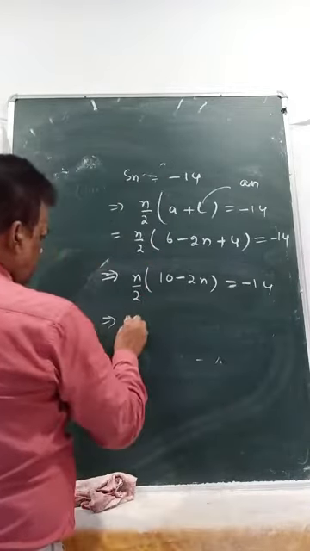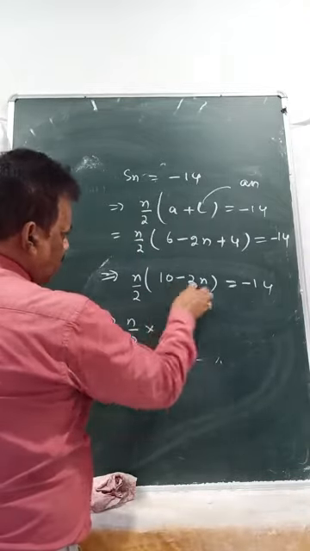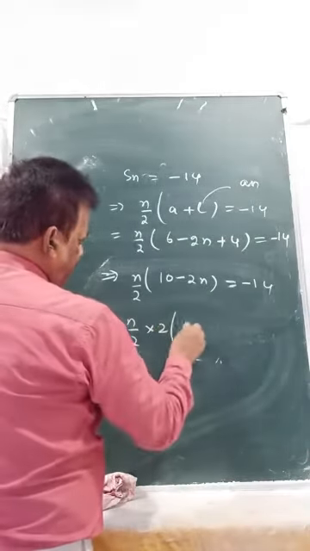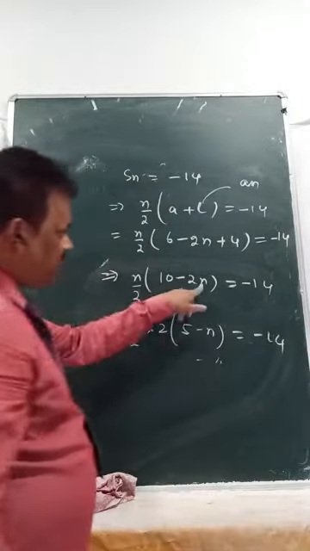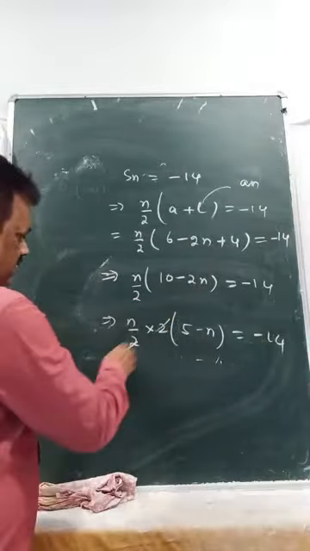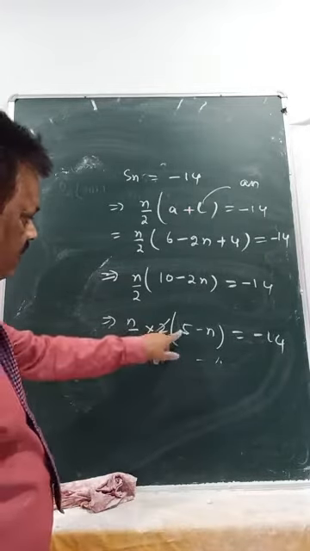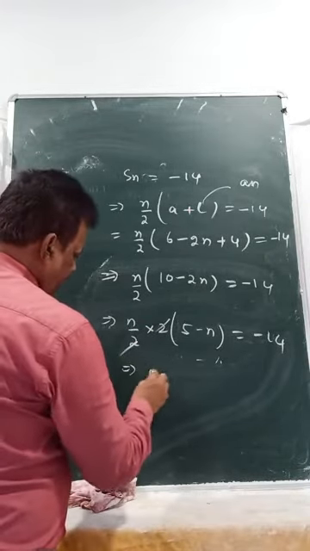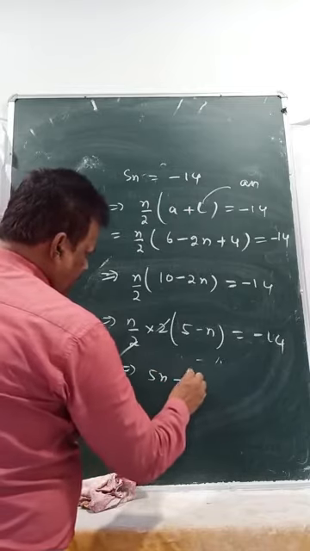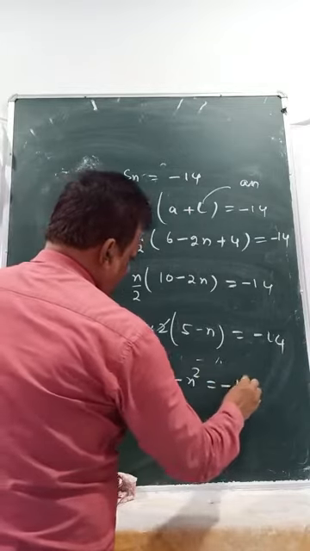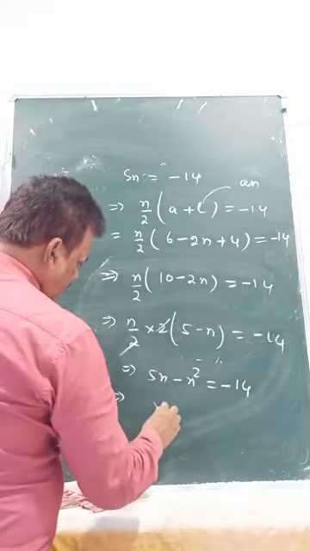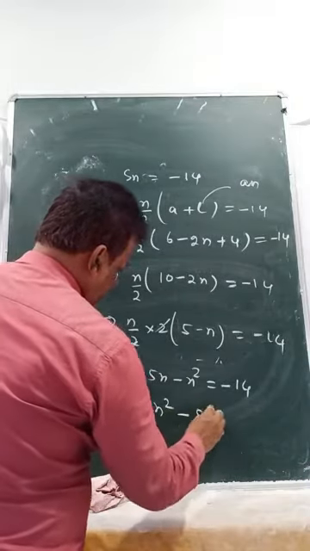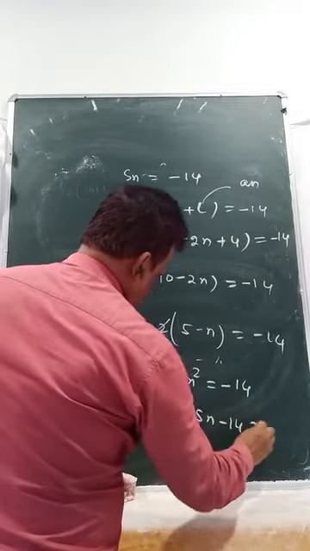So implies n by 2, you can take 2 common from here, so that this 2 is cancelled. 5 minus n. What did you get? n into 5, 5n minus n square equals minus 14. So if I take it to that side, n square minus 5n minus 14 equals 0.